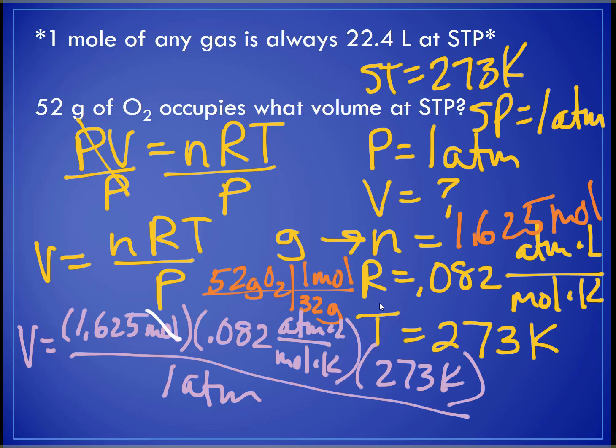So my moles cancel, my Kelvin cancels out, my atmospheres cancel out, and I'm left with volume units. And so when I multiply this out, I get 37 liters. So I only have 2 sig figs. There's another way to do this problem using some stoichiometry, but PV = nRT works also.